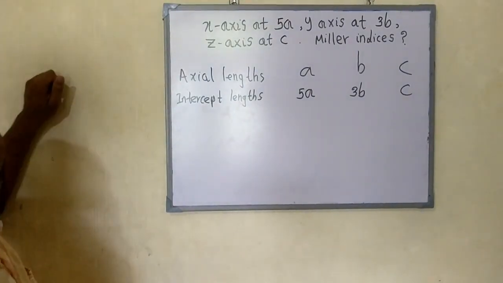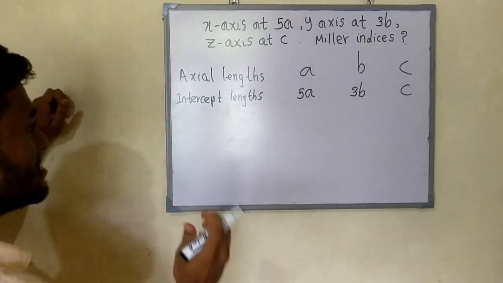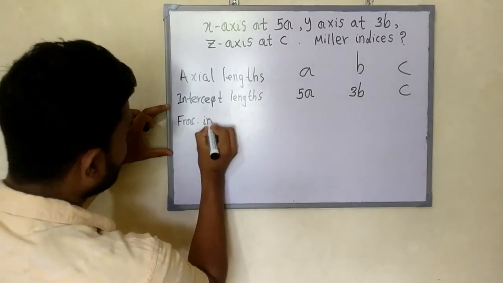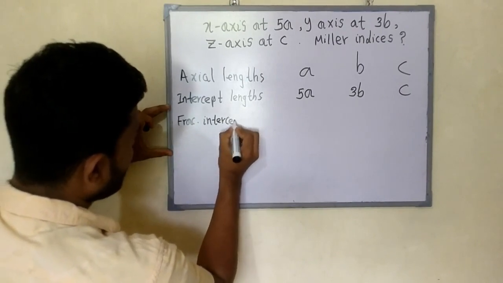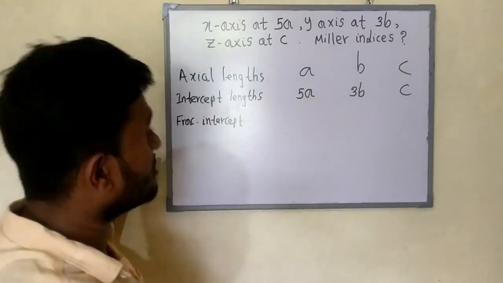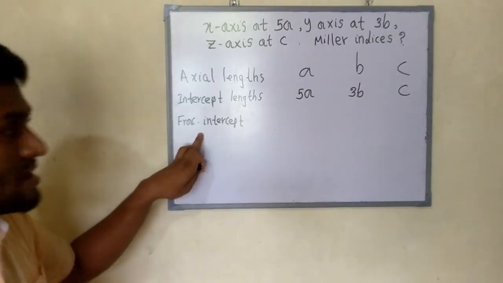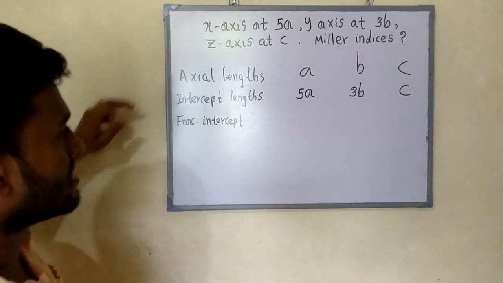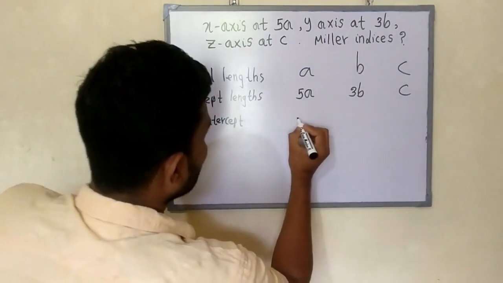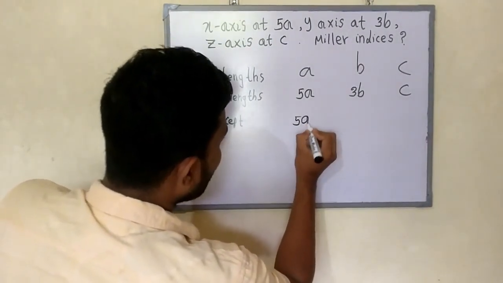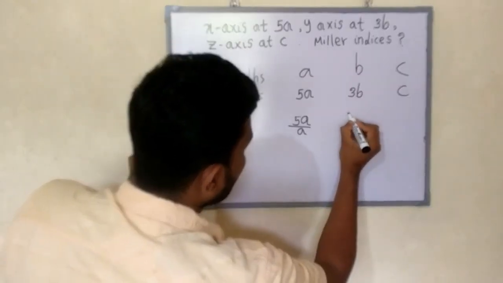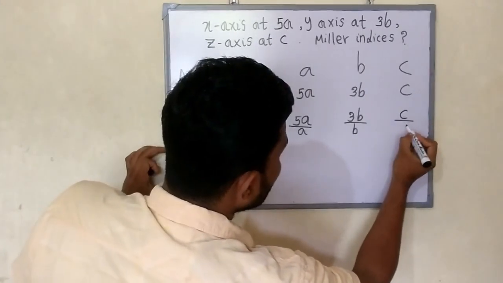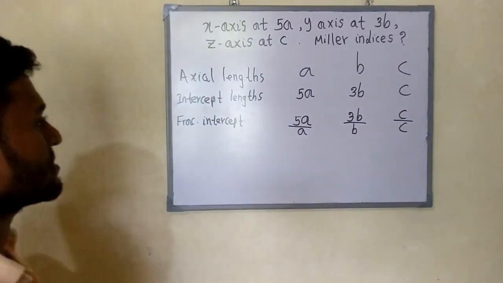Now you can find the fractional intercept. I already explained earlier that fractional intercept means intercept length divided by axial length. So the fractional intercept is 5a over a, 3b over b, and c over c.